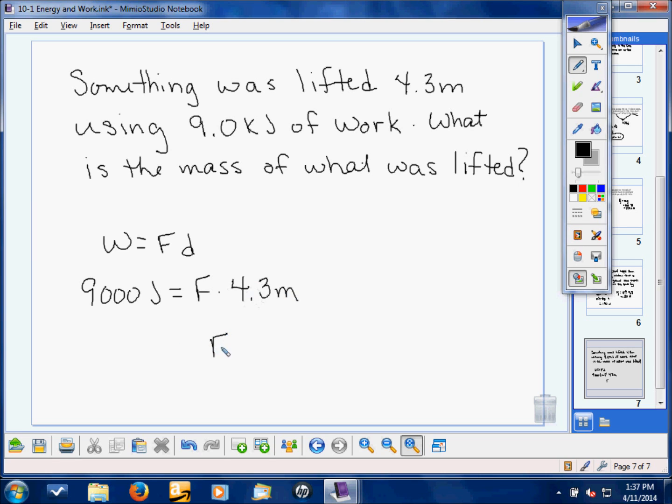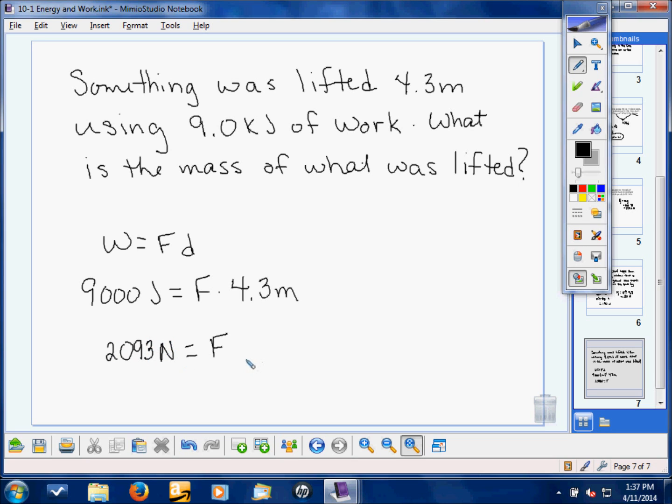So our force is a pretty simple calculation here. 9,000 divided by 4.3 gives 2093. What's my unit on my force? Newtons.